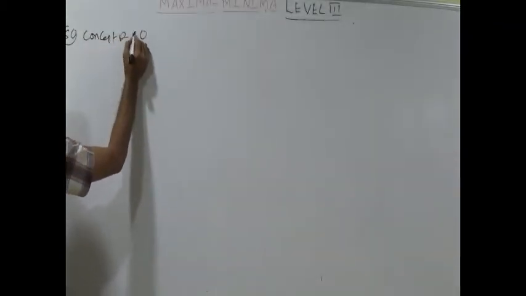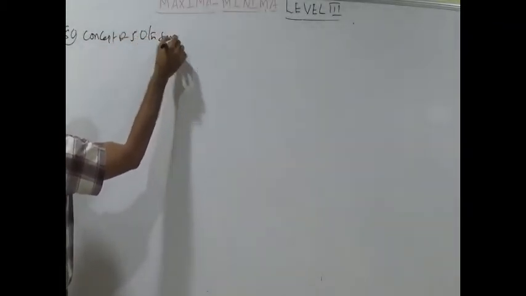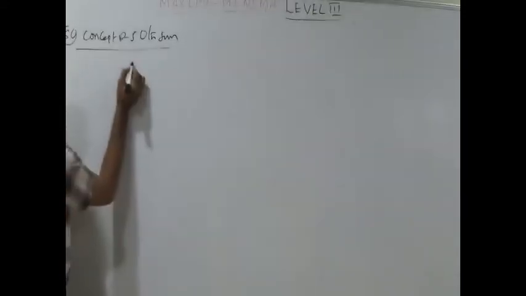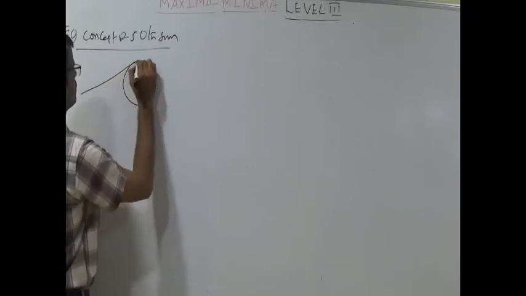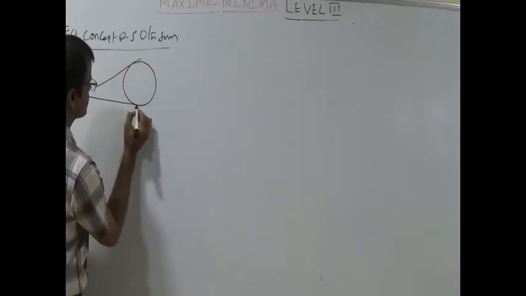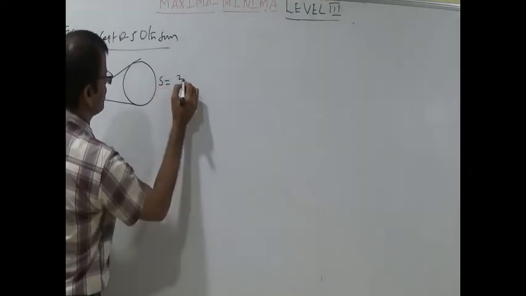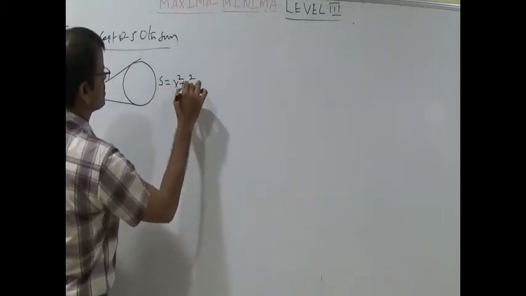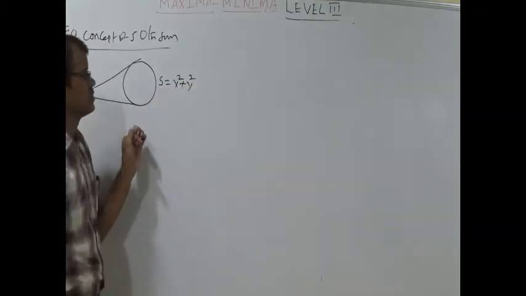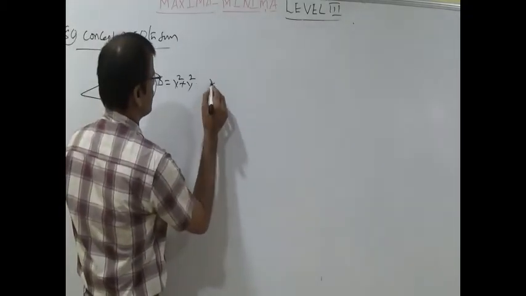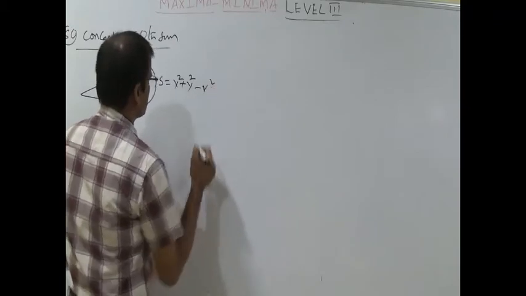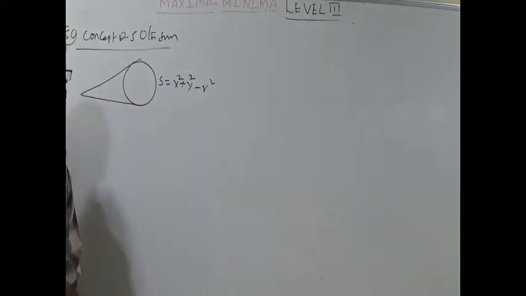Concept of 50th question. This is a circle, students. Let the circle, whether the circle is having center C (0, 0) or center (minus g, minus f), anything we can indicate with the letter S. S is equal to x square plus y square.